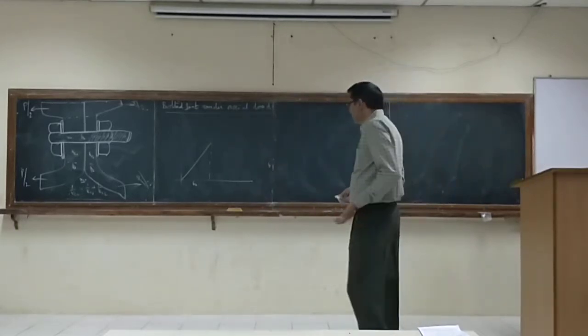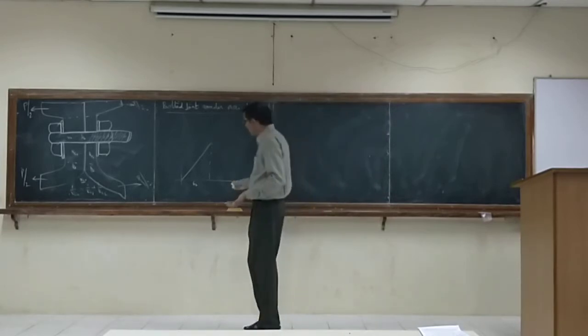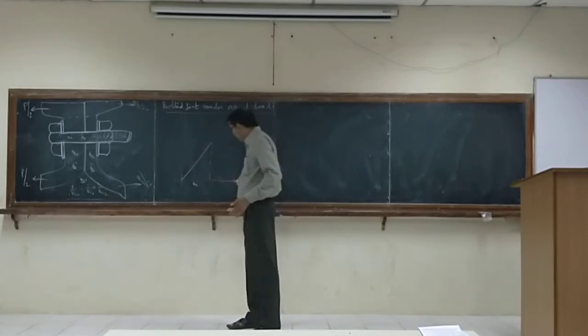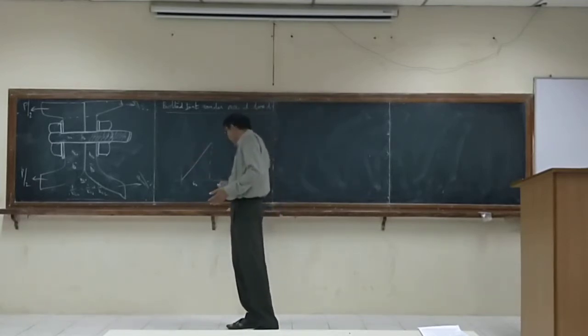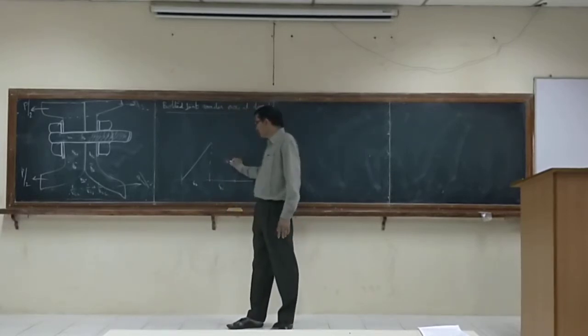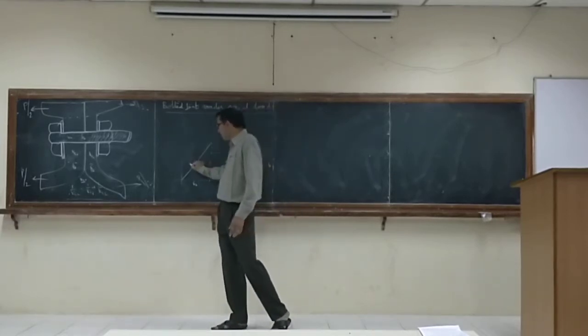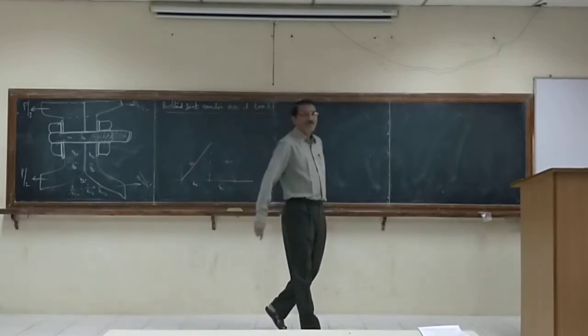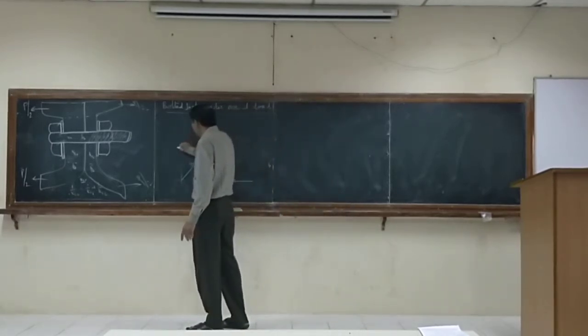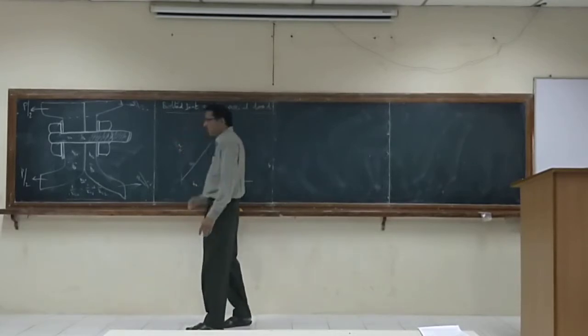They will be compressed. See, delta C is the compression of the components. Let us represent it like this. This is the original position of the components, and this is the compression in the components. What is the slope of this? Kc equivalent, and the slope of this is the bolt stiffness. This we can say is the preload. Look at this. This is P initial load.